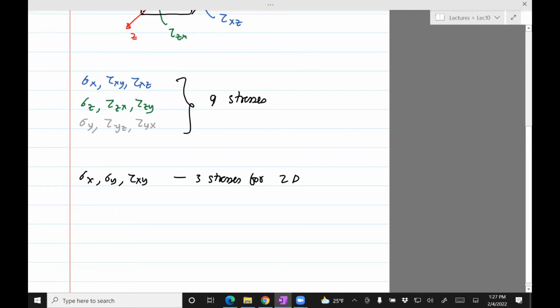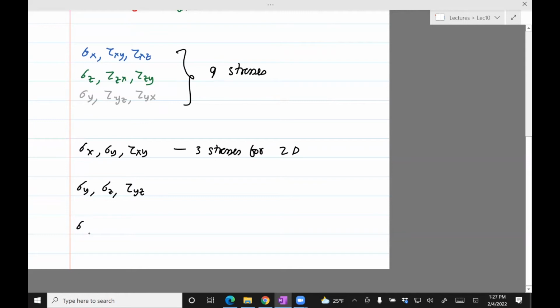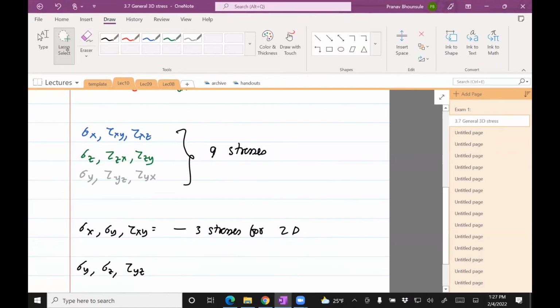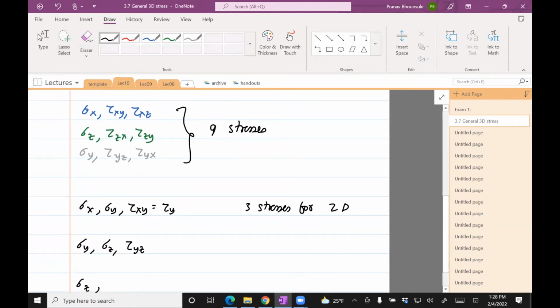So in the case of 3D, you do something very similar. You take these stresses in pairs or in triplets: sigma y, sigma z, tau yz. And by the way, I should have written this, tau xy should be equal to tau yx.